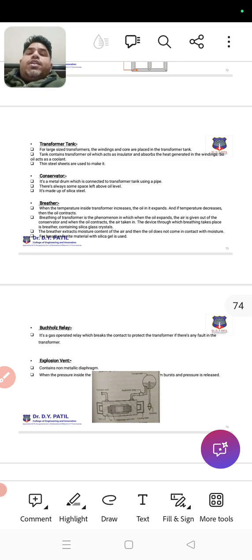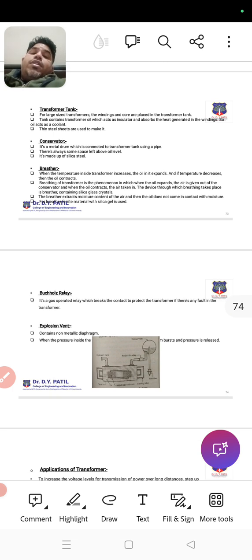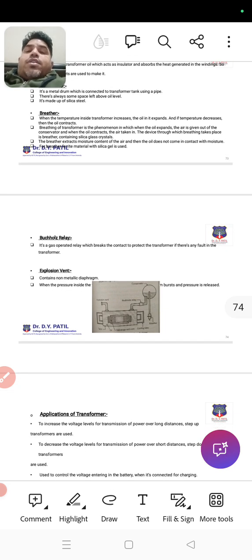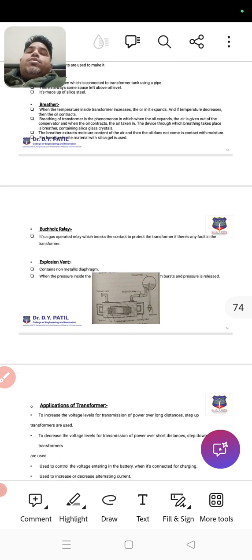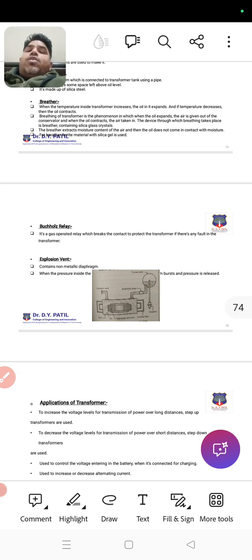Seeing the transformer, there is a large steel tank. We dip the transformer in oil inside it. There is also the breather: when the temperature inside the transformer increases, the oil expands, and when the temperature goes down, the oil contracts. The breather is used for removing the gases.